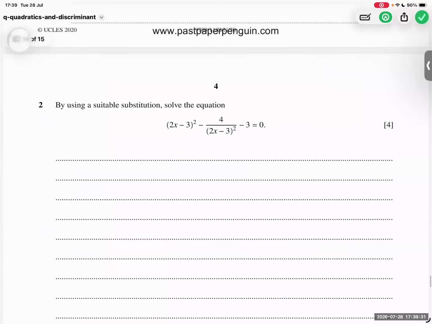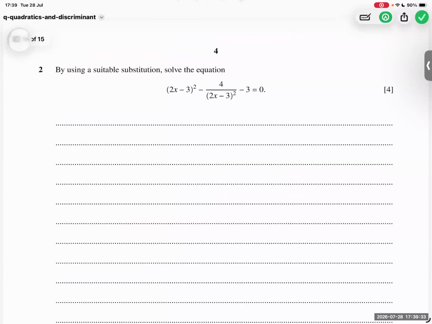By using a suitable substitution, we'll have to do substitution twice here. First, 2x minus 3 as t. So that would be t square minus 4 divided by t square minus 3 is equal to 0.